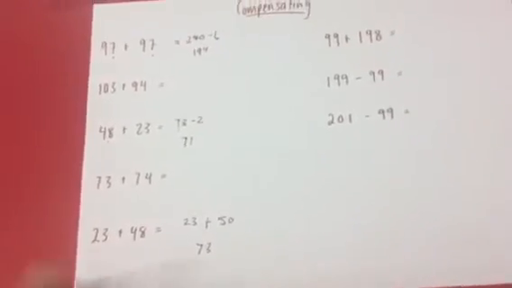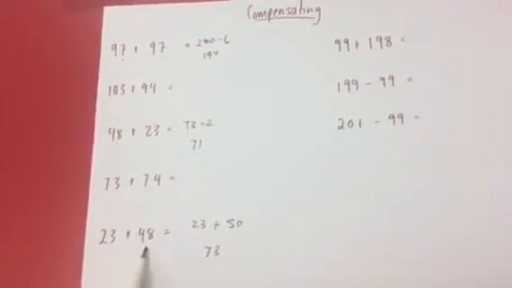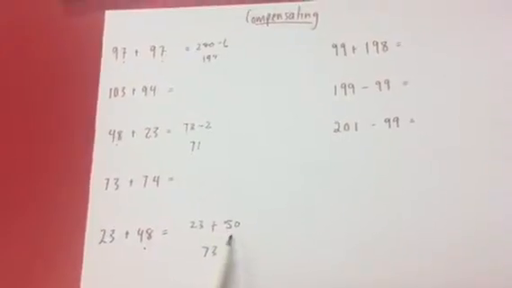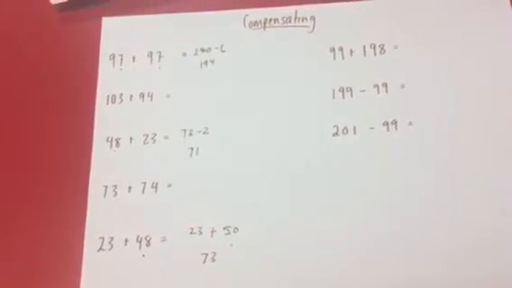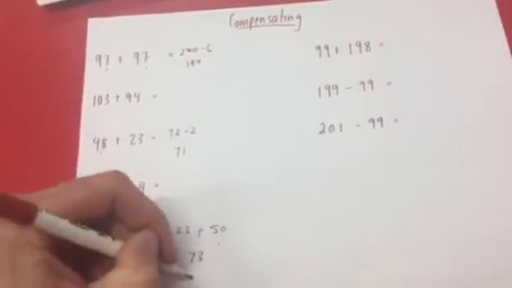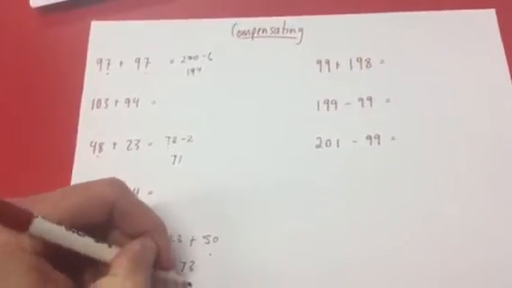Now what's really important to remember when we compensate is that if we add 2, we need to subtract 2 at the end. So the answer is 71.